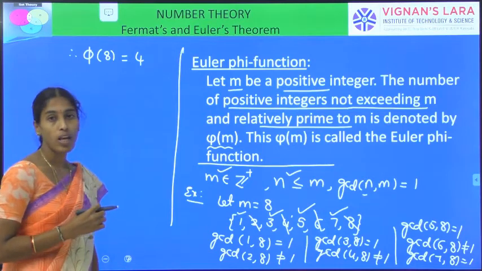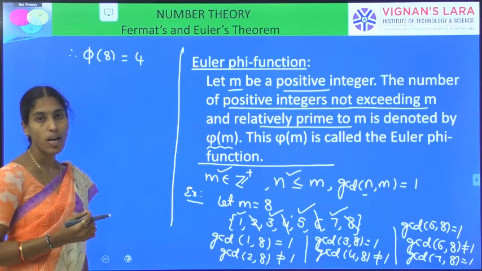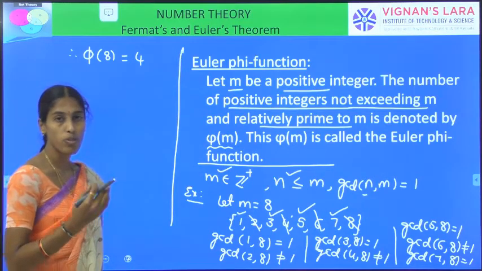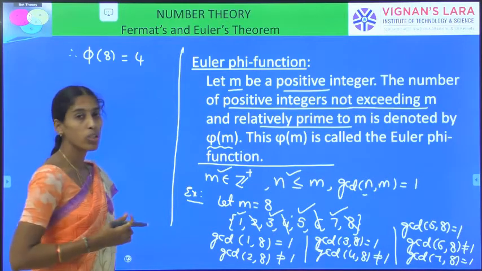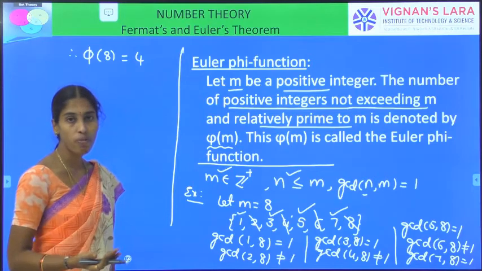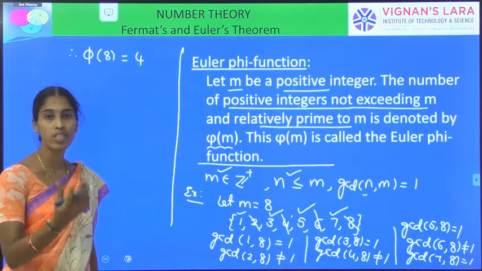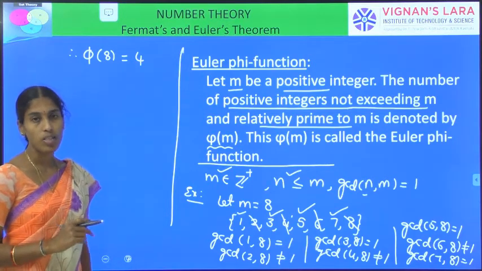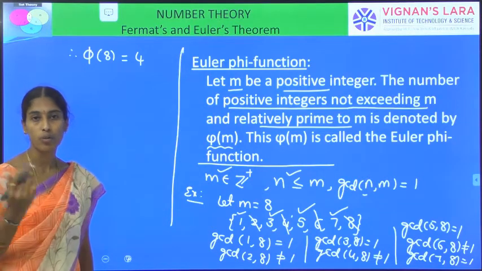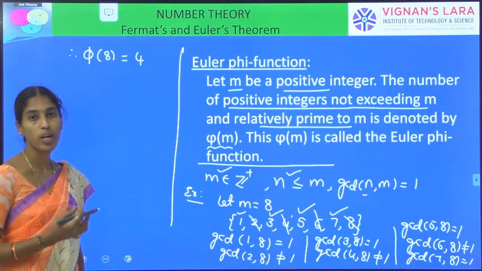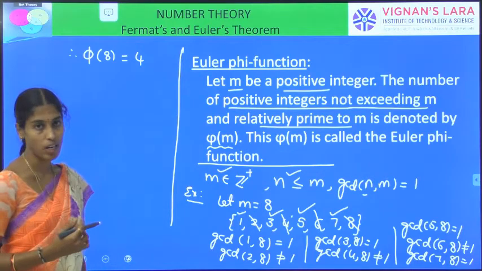Like that, we need to calculate the Euler phi function value because 8 is a small positive integer. That means we are able to calculate how many such type of integers are there and their GCD is equal to 1. Suppose a number is a larger number, 10,000 or 20,000, how can we calculate this Euler phi function value?